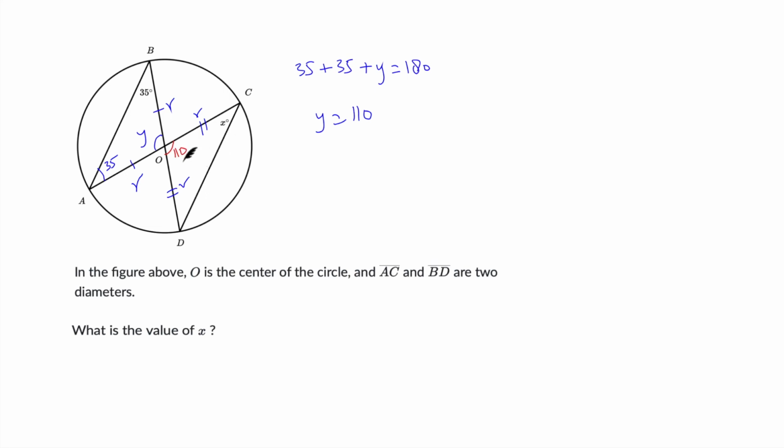So if this is 110, then these two angles are equal because again we are looking at an isosceles triangle. This is x, this is also x. So we have 110 plus 2x should give us 180. 2x equals 70, x equals 35. This is our answer.